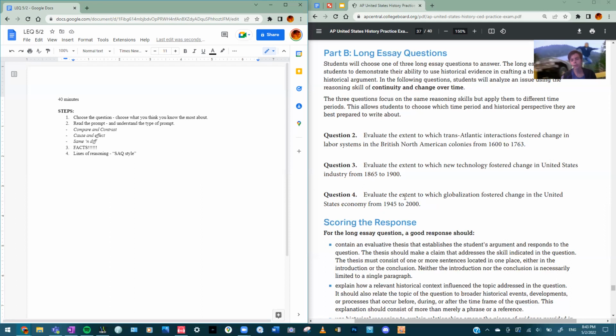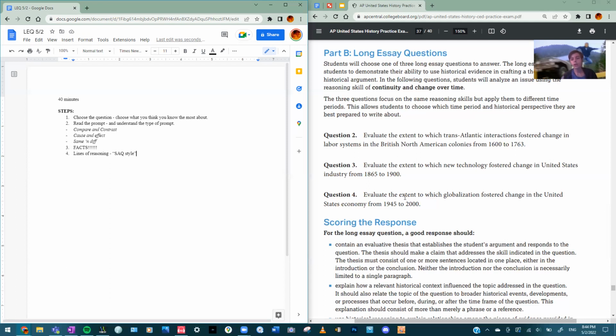It's not necessarily that you have to have a specific fact in the thesis, but you need to have a specific claim, not just economic change. It's not like a super specific fact, because then how could you have facts to support a specific fact? That's a little bit hard to do. So you don't need to be super specific, but specific enough.